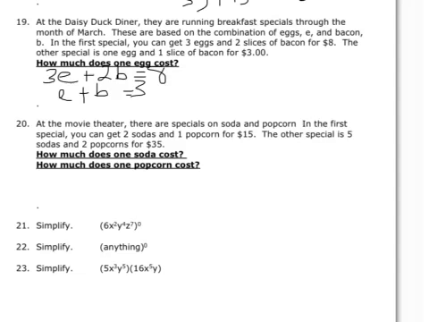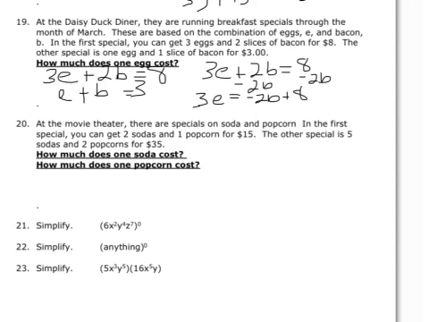Okay, so that means on this first one, 3e plus 2b equals 8. I want to get e by itself, so I'm going to subtract 2b, and then I'm going to divide everything by 3. And I end up with 1 egg equals negative 2/3 b plus 8/3.